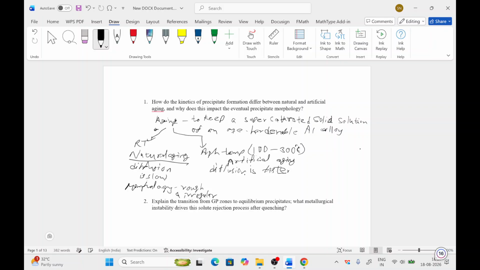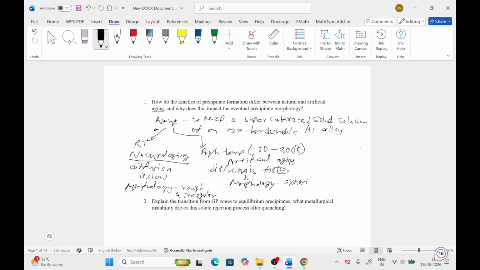But at high temperature, diffusion is faster, so more atoms can come from every direction to make the cluster and form the precipitate. Because the diffusion rate is high, the morphology of the precipitate will be close to spherical.